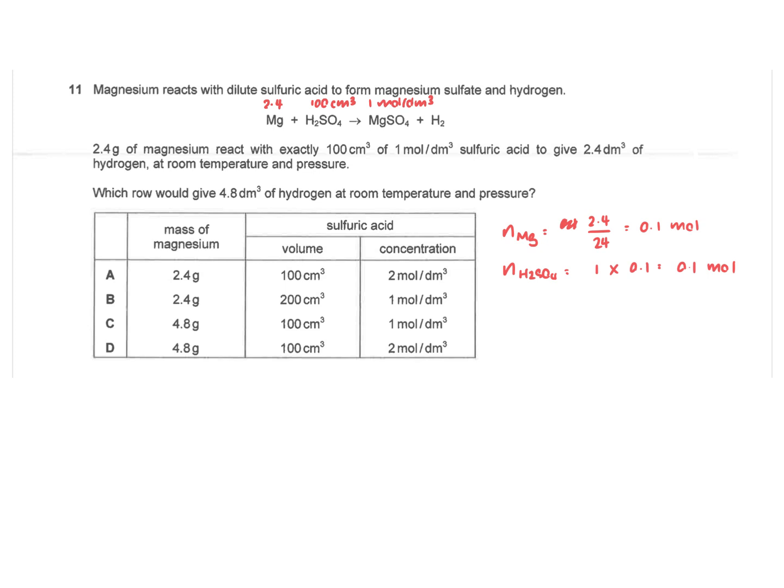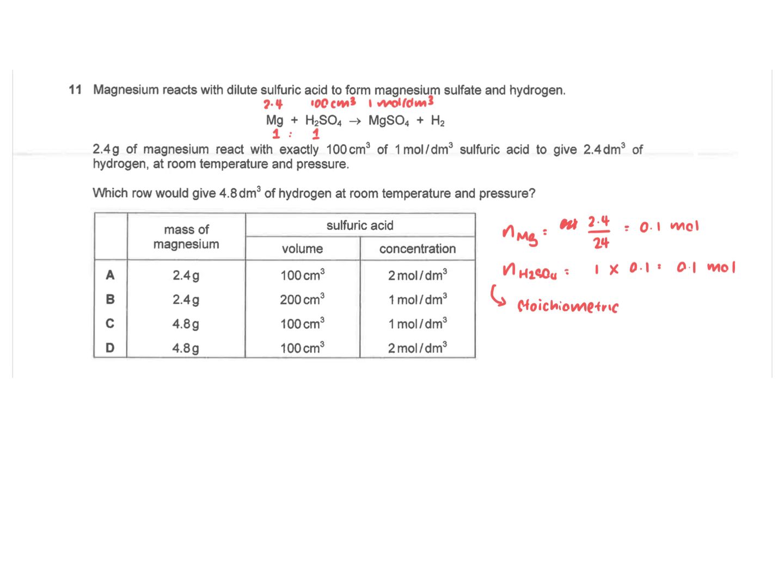So the number of moles of magnesium and sulfuric acid is the same. And if we look at the reacting ratio, which is 1:1, it means that the amount of magnesium and sulfuric acid is in stoichiometric ratio. That means just nice. We have just nice of magnesium reacting with sulfuric acid. At the end of the reaction, there will be nothing left but only products.